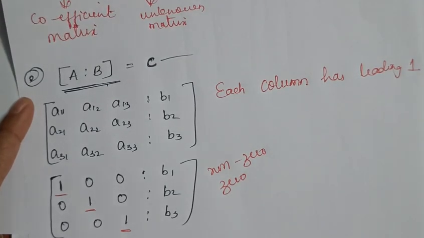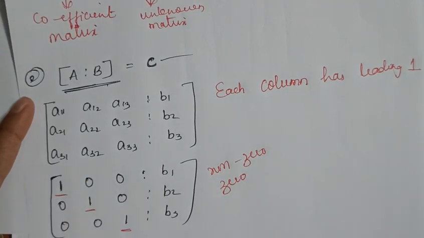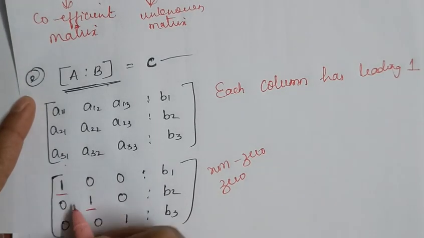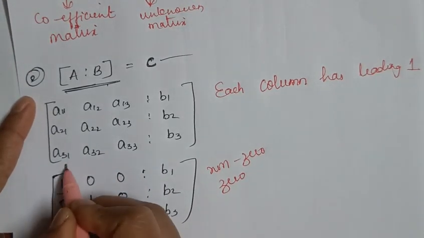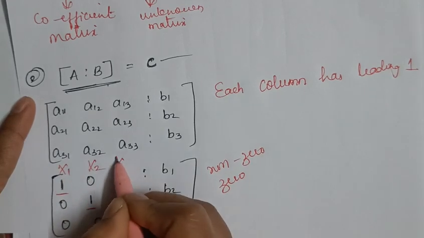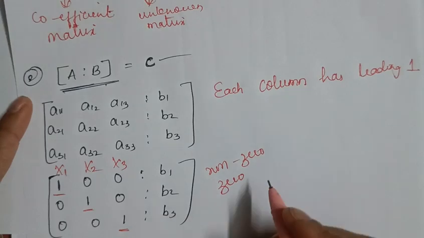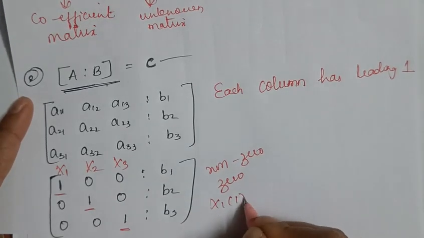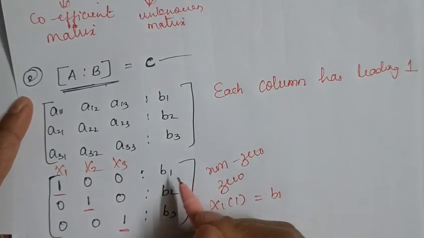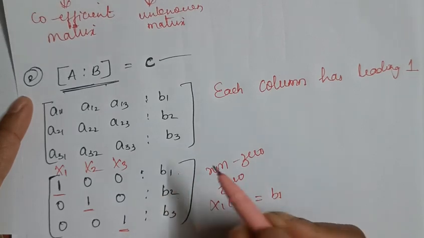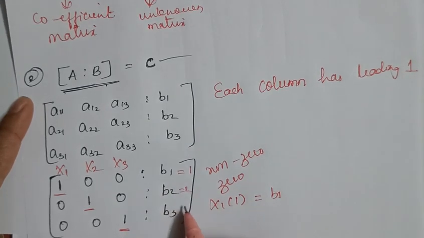But if you multiply, let me consider this is the coefficient of x, so x1, x2 and x3. Here, x1 into 1 is equal to b1. Let me give these some values 1, 2 and 3.